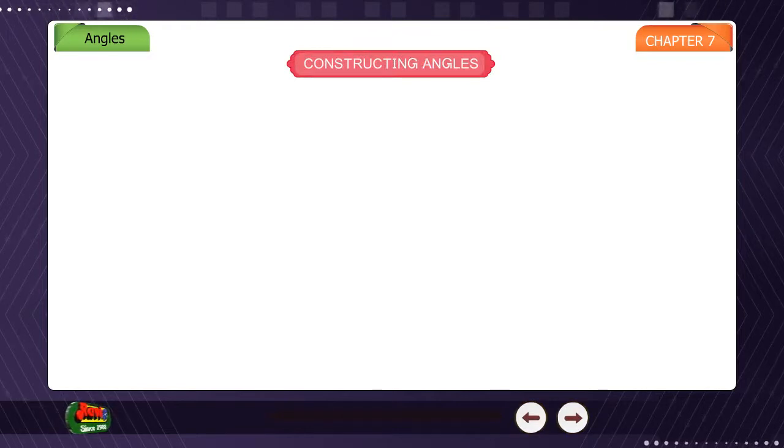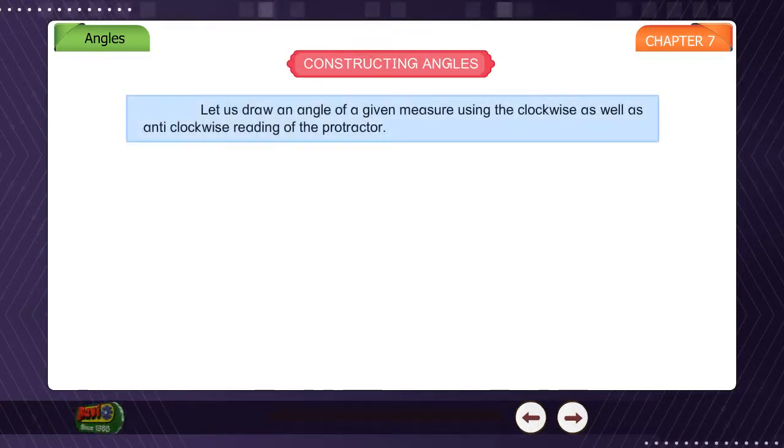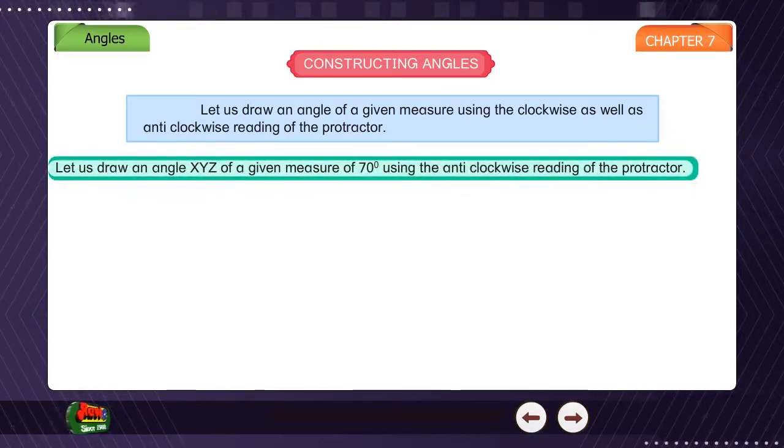Constructing angles. Let us draw an angle of a given measure using the clockwise as well as anti-clockwise reading of the protractor. Let us draw an angle XYZ of a given measure of 70 degrees using the anti-clockwise reading of the protractor.